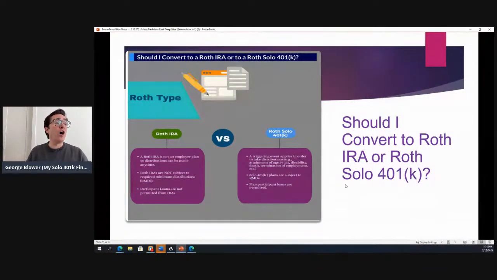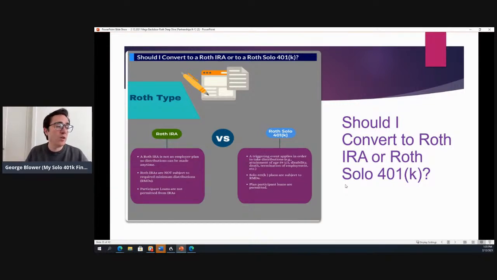Another key point is that Roth IRAs are not subject to required minimum distribution. So once you hit 72 with the Solo 401k, including a Roth Solo 401k, those accounts are going to be subject to the required minimum distribution rules, and you have to start taking money out of the account, unless, of course, you move it over to a Roth IRA, in which case the funds would not be subject to the RMDs.